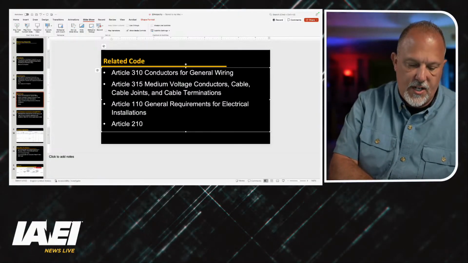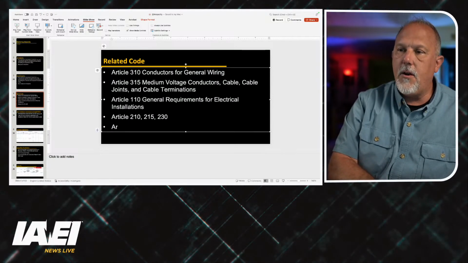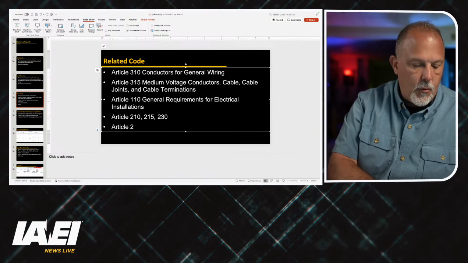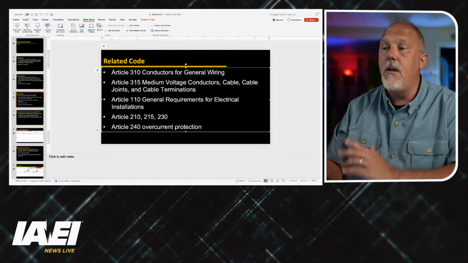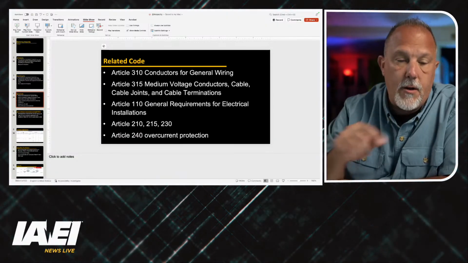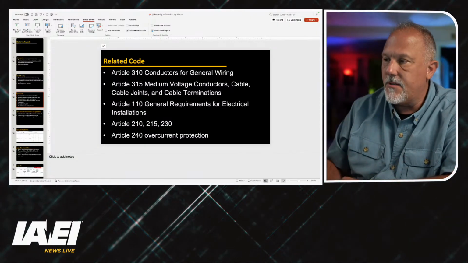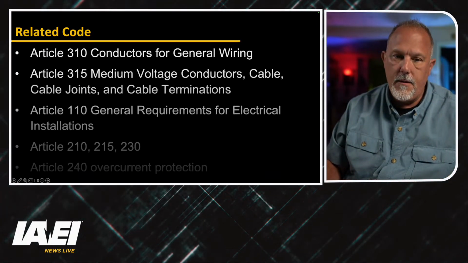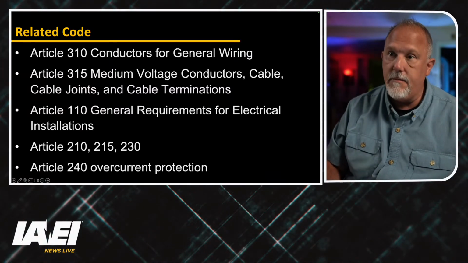Article 210, 215, 230, and then Article 240 for overcurrent protection. Those are just some of the references I know we're going to be pinging during our discussion today. Now watch, I'm going to do this. Watch what happens. It worked. I don't get it, but it worked.